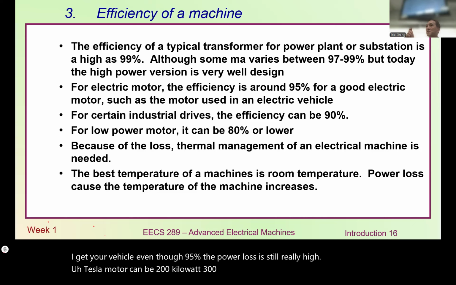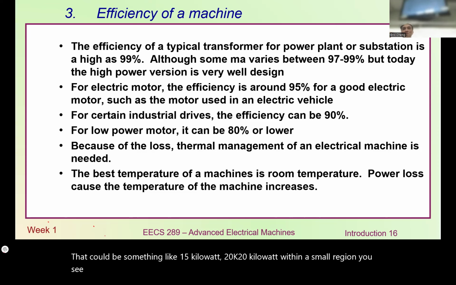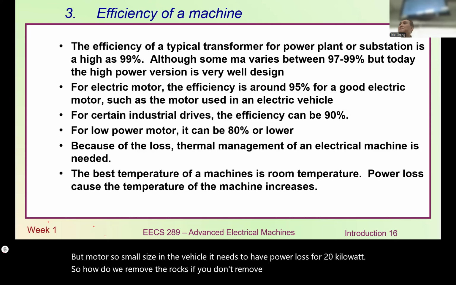Even with 5% loss, that could be something like 15 or 20 kilowatt within a small region. Your hair dryer at home is 1 to 2 kilowatt, but a motor, so small in a vehicle, needs to dissipate 20 kilowatt of power loss. So how do we remove the loss? If you don't remove the loss, what happens?